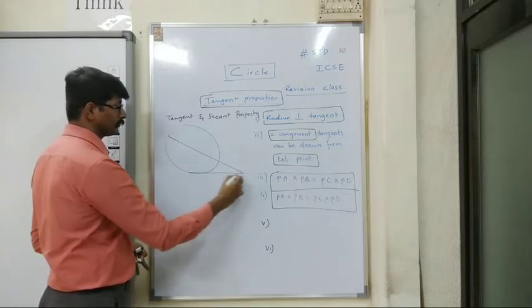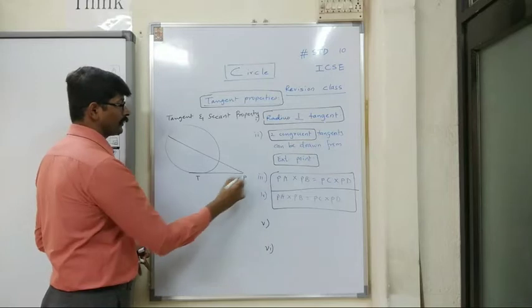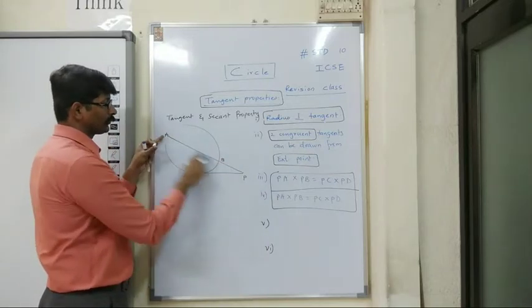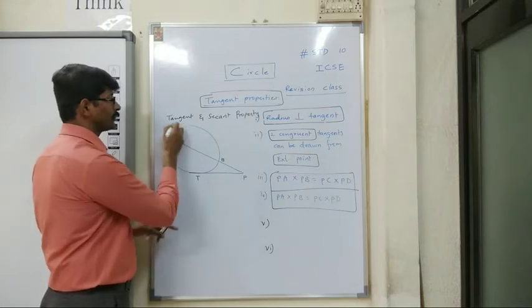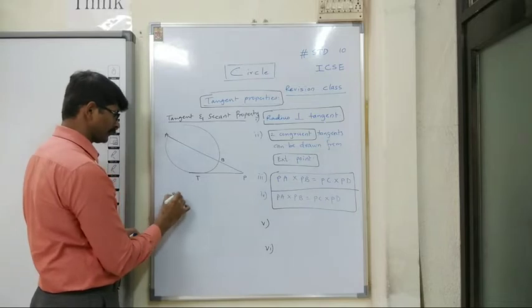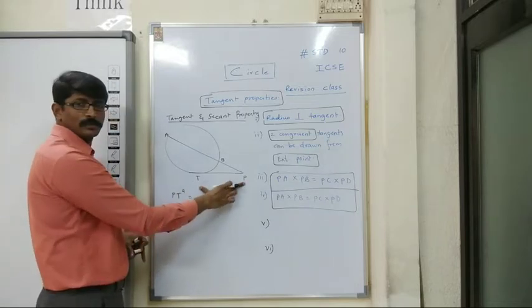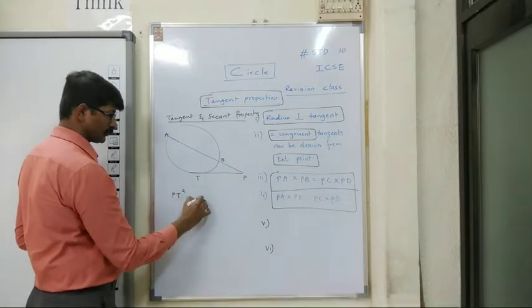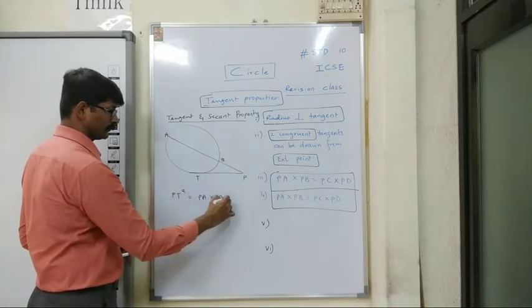Let's say this is T and P, and this is the secant A and B. So we've got one secant and one tangent. So it is called the tangent secant property. So what does this property say? PT square, that is tangent square, is equal to PA into PB.